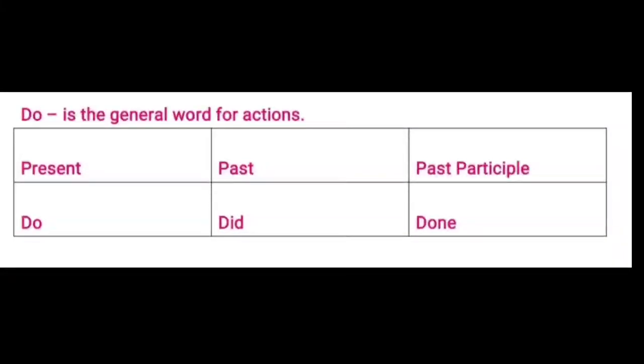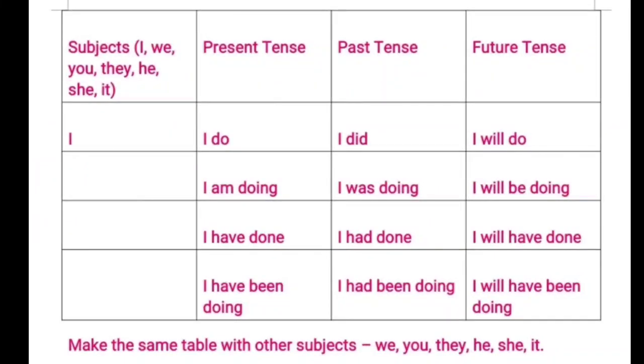Past participle form of do is done. Let's see how we use it with different tense forms. The subjects are I, we, you, they, he, she, it. These are personal pronoun subjects.